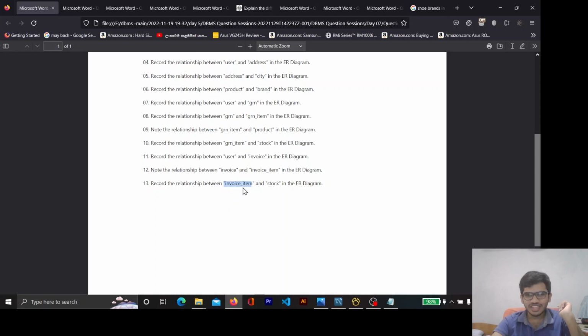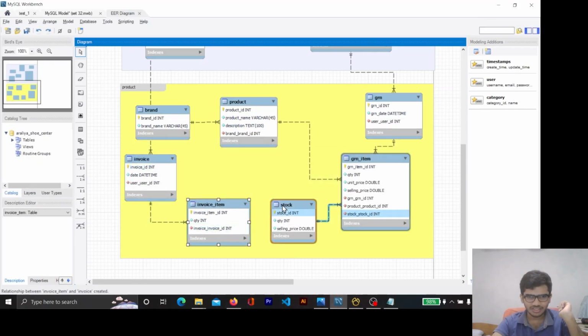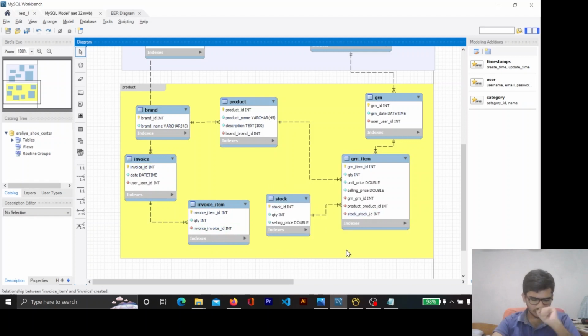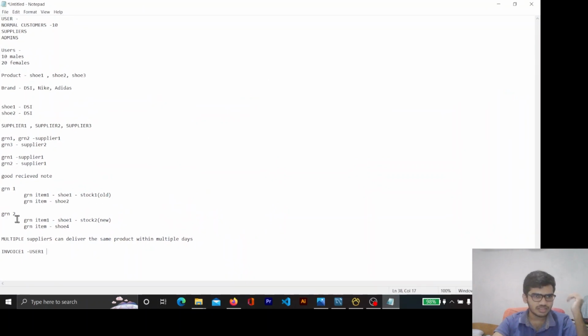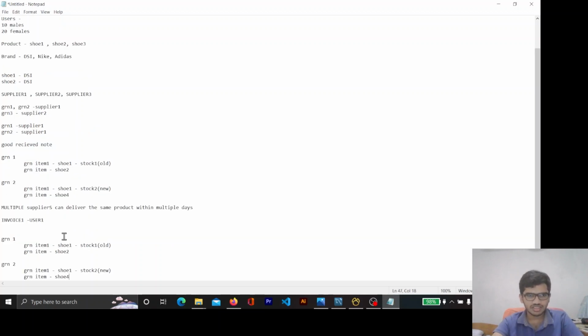Create a relationship between invoice item and stock table. Okay, invoice item and stock. So here's the logic that goes into this. An invoice item is generated when... let me copy this, because GRN and invoice work the same way.